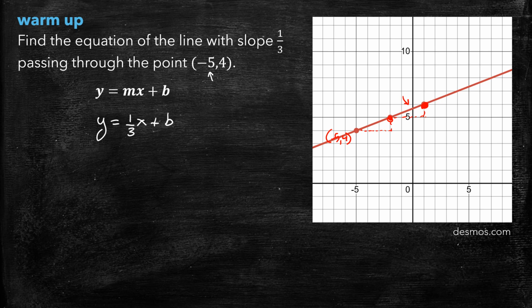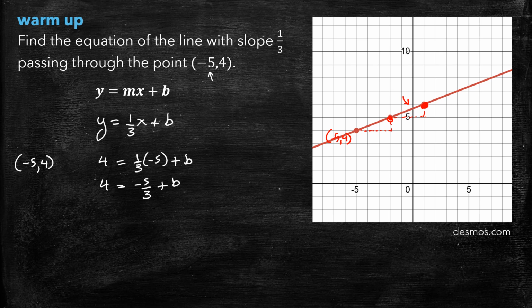So what we learned is that if you take the coordinates of the point that this line goes through and plug it in, so 4 equals 1/3 times -5 plus b, and solve for b, we'll find the y-intercept. So let's do that. -5/3 plus b.